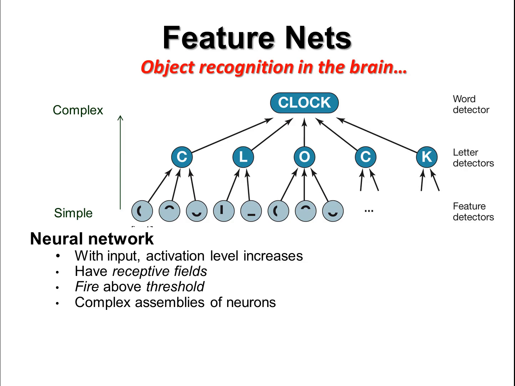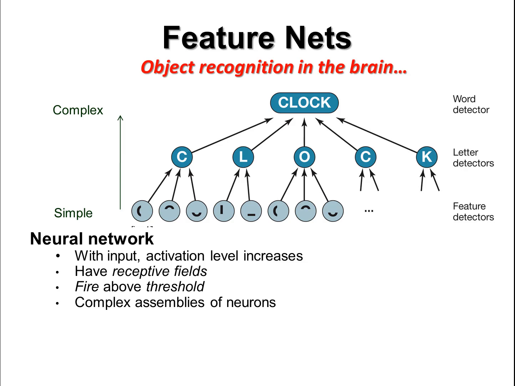Another possibility for understanding how object recognition takes place in the brain is through the studies on word recognition. Now, people are really good at recognizing words in their language, and if we were to build models or networks that could then mimic the way people read words, we would get a fairly good understanding of how the brain goes about doing it.